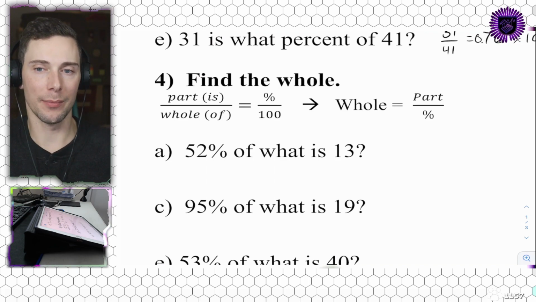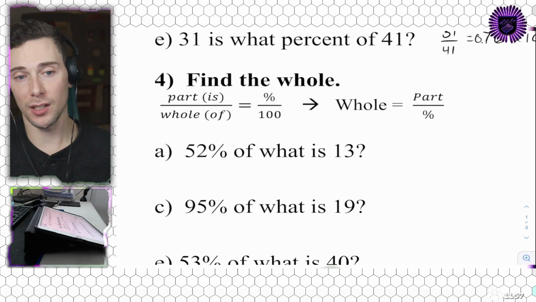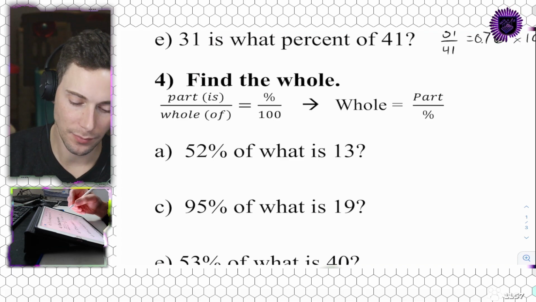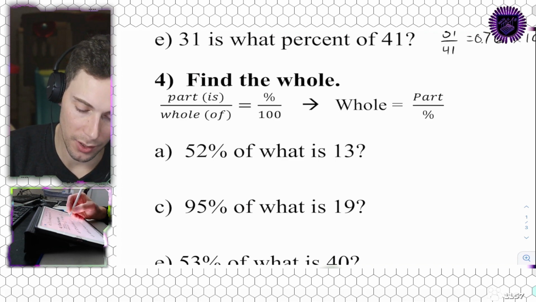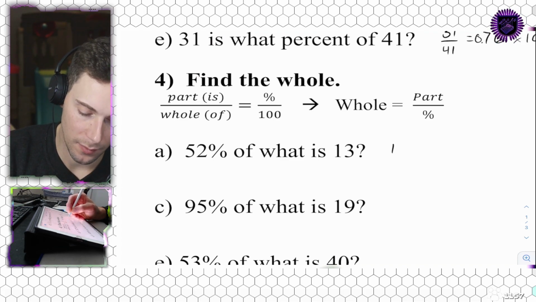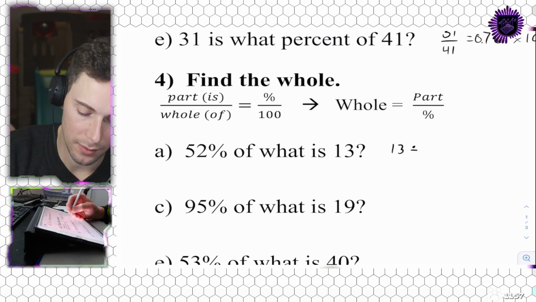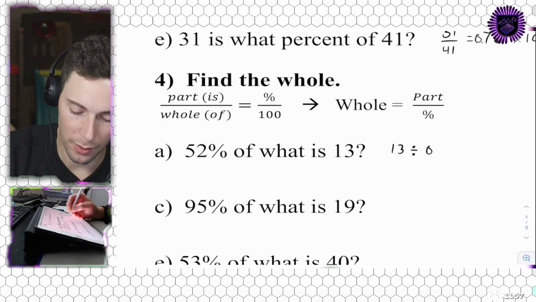The whole is going to equal the part, 13, divided by the percentage in decimal form. So we're going to go 13 divided by 0.52.